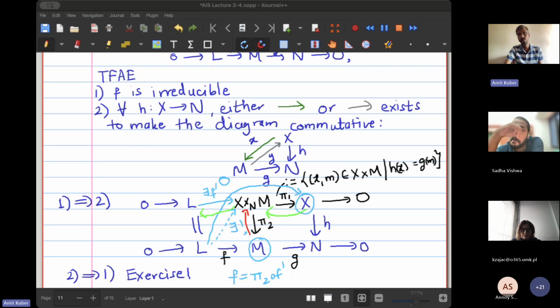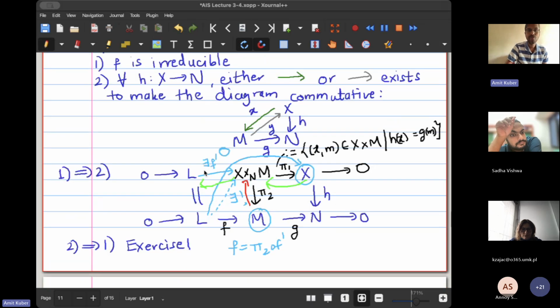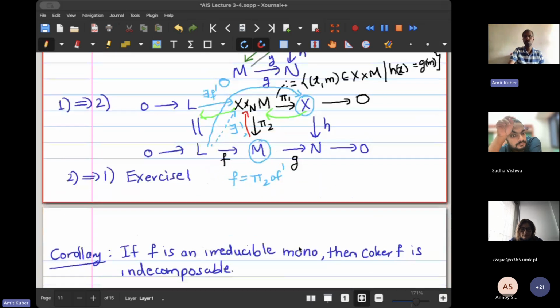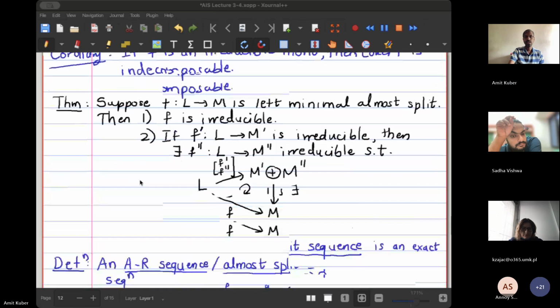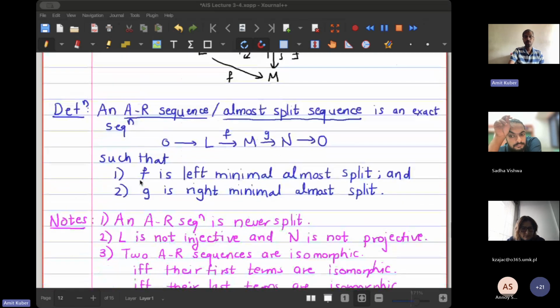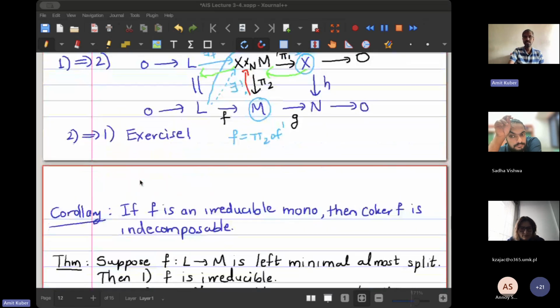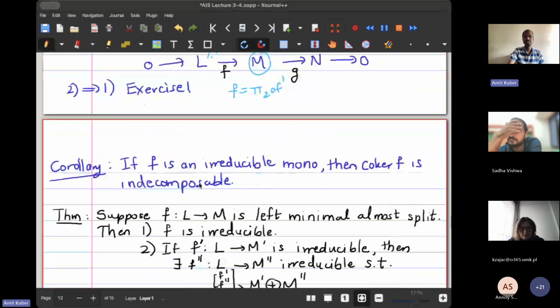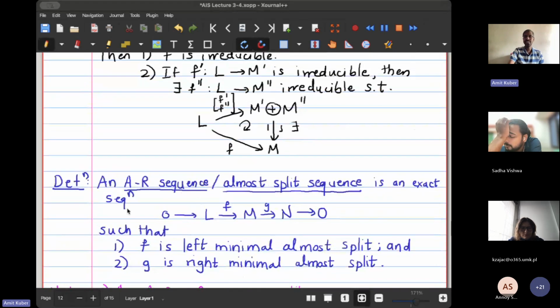A slightly involved proof, but this particular thing can be used to show that if F is an irreducible monomorphism, then its co-kernel is indecomposable. I'm not going to do this proof, but I'm going to end it here by noting that an Auslander-Reiten sequence is one where the first map is left minimal almost split and the second map is right minimal almost split.